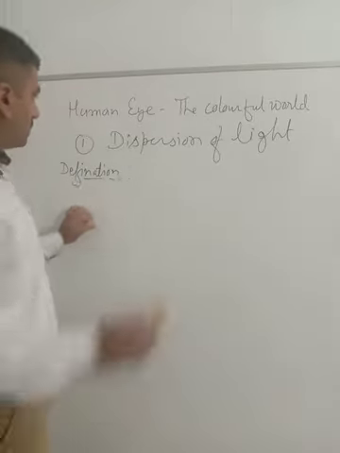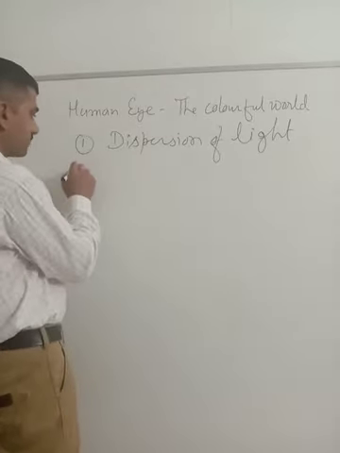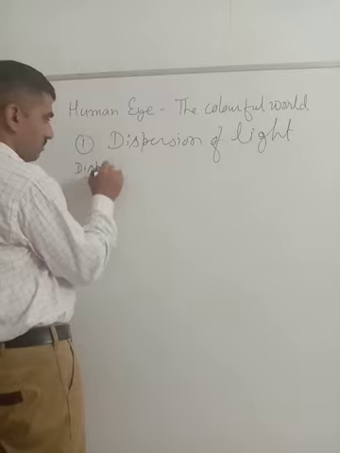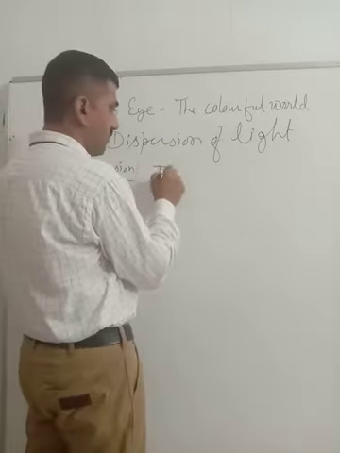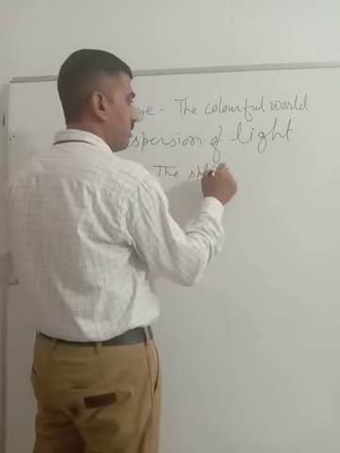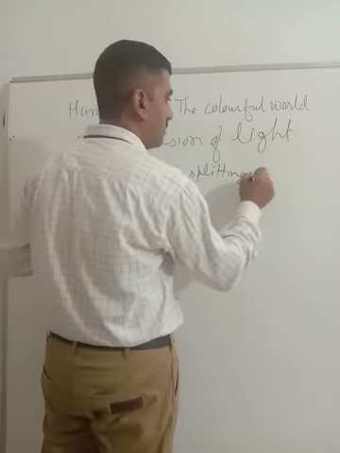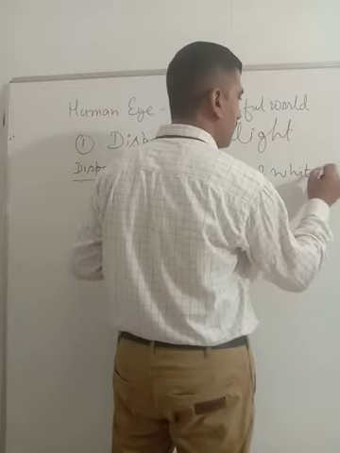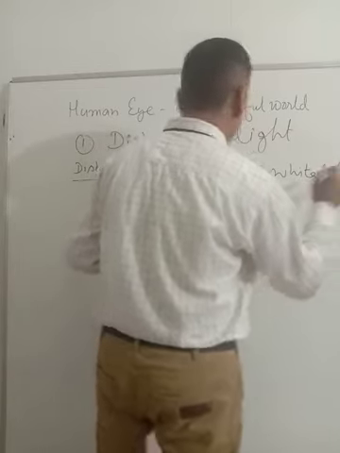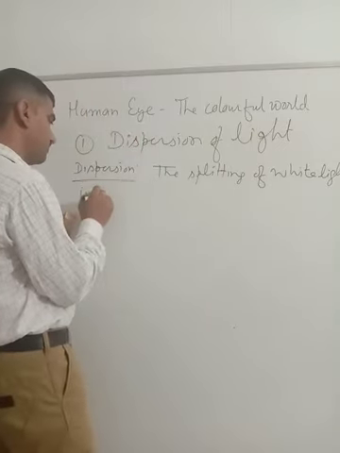What does dispersion say? In simple words, you can write the splitting of white light into 7 colors.